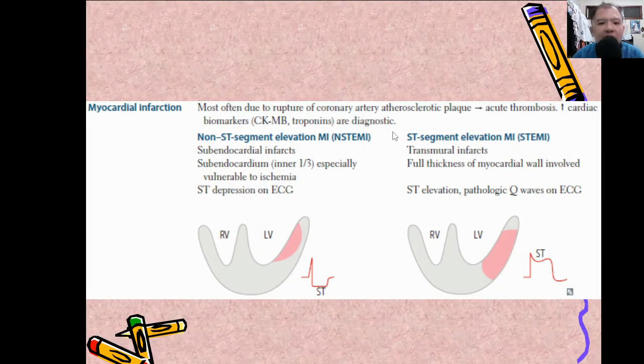By the way, when you say non-ST elevated MI, it is another term for subendocardial infarct, and we learned in our gross pathology lecture that subendocardial infarcts only affect part of the wall of the atrium or the ventricle. In contrast, ST elevation MI is another term for transmural infarcts, where the whole wall is affected by the infarction.